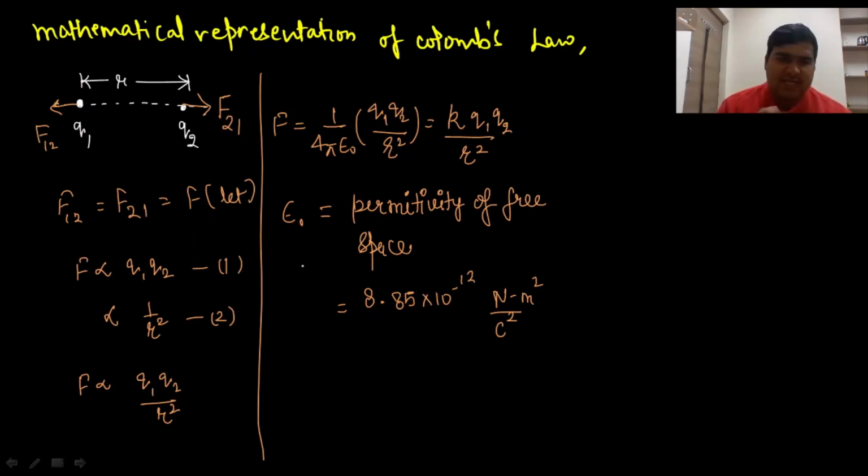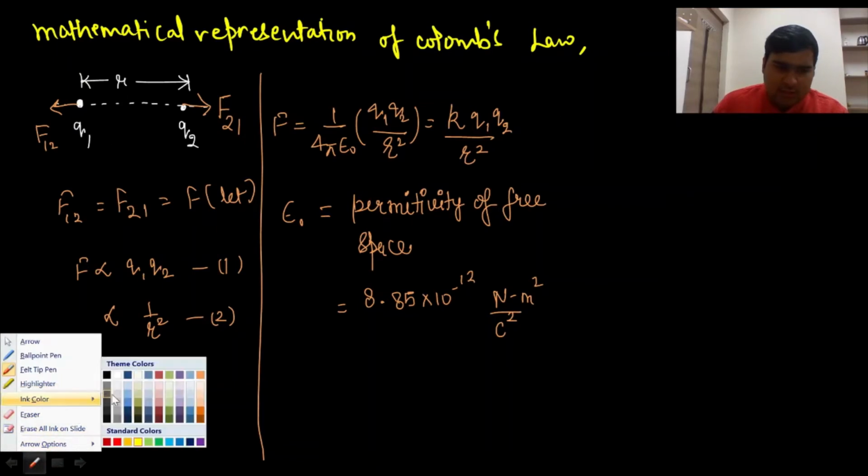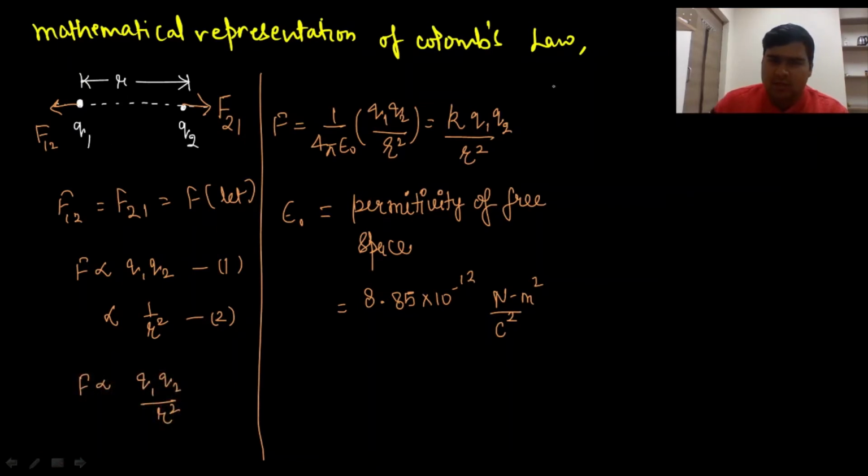Now what if I need to find the vector form of Coulomb's law? The next point will be the vector representation of Coulomb's law. Let us go to the next page and discuss it.